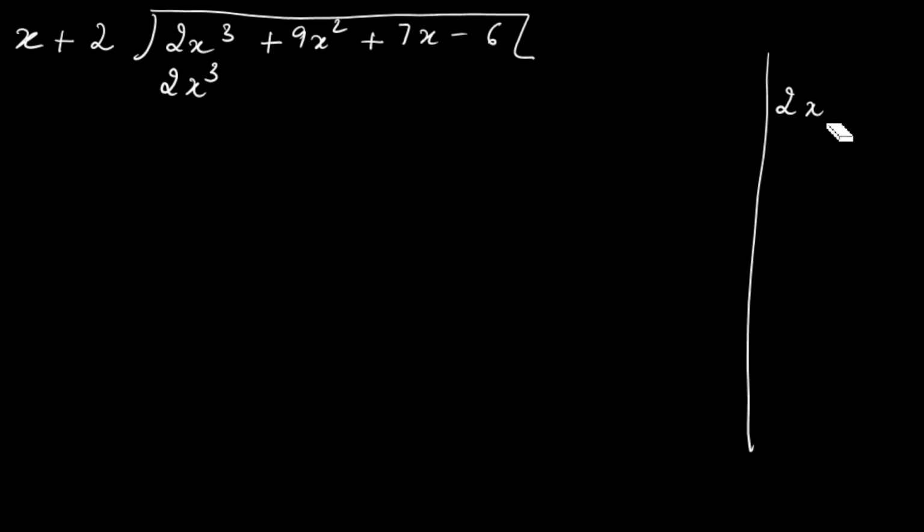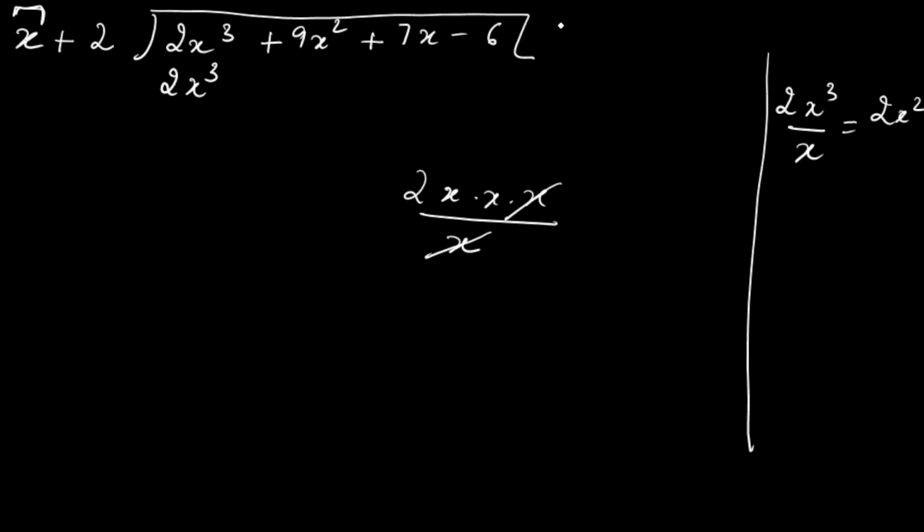Then divide it by the first term of the factor, that is x. 2x cube divided by x gives 2x square. Write this 2x square at the quotient place.